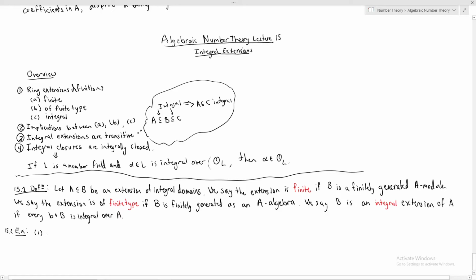We can do something like Q adjoin X. The ring Q[X] is of finite type over Q. As an algebra, it's generated by X, with algebra generator X, but it is not a finite extension of Q.